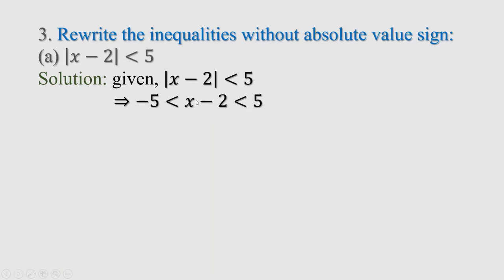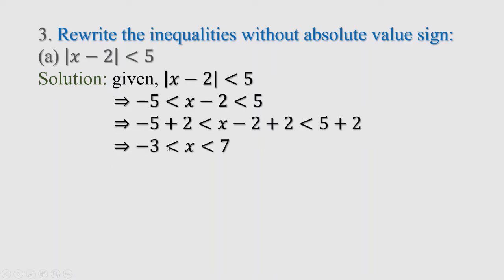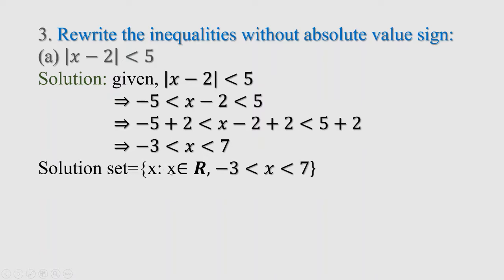Now we have to free this x, so adding 2 on the left side, middle, and right side, we get minus 3 less than x less than 7. So the solution set is x such that x belongs to real numbers and x is greater than minus 3 and less than 7.